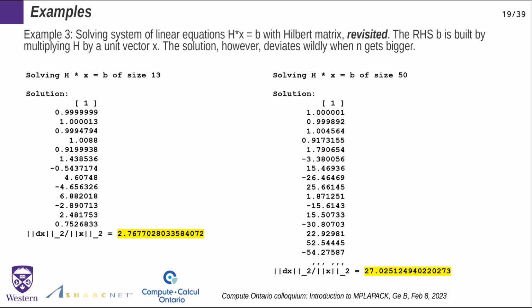And to continue, with n greater than or equal to 13, the solutions start going south. We got a 200.7% relative error. And when n is 50, we got 2,700% in the relative error. So that's totally unacceptable.